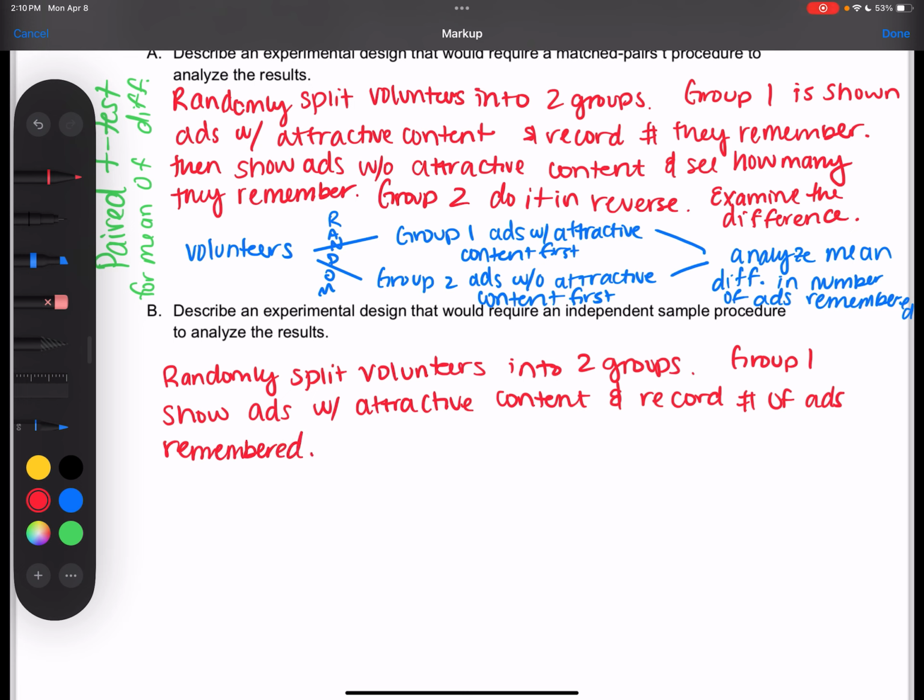Then with group 2, show ads without attractive content, and record number of ads remembered.